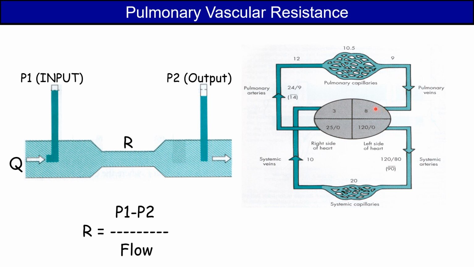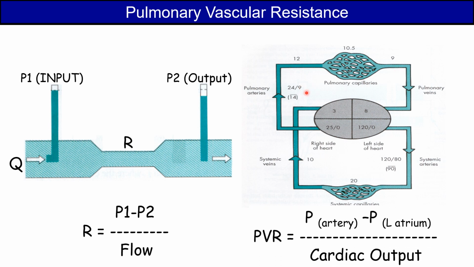So to compute the pulmonary vascular resistance, it's input pressure minus output pressure over blood flow. The input pressure is the pulmonary artery, the output pressure is the left atrium, and the flow will be your cardiac output coming out of the right ventricle. These are the numbers, and when we substitute them, that's how we compute the pulmonary vascular resistance.